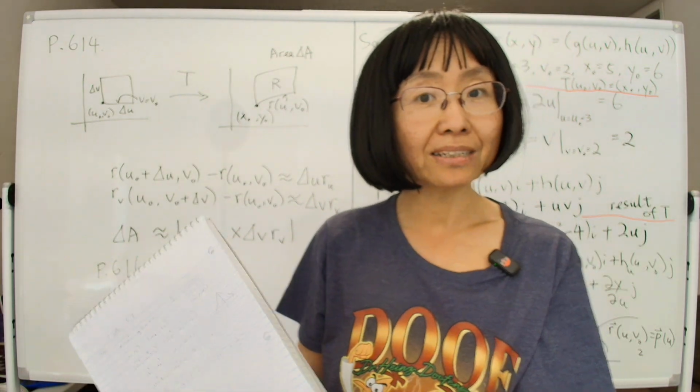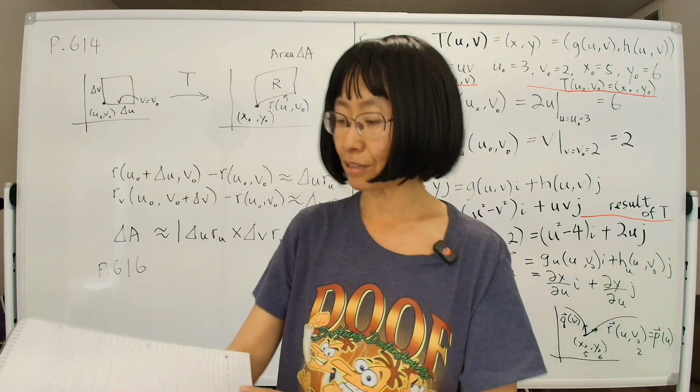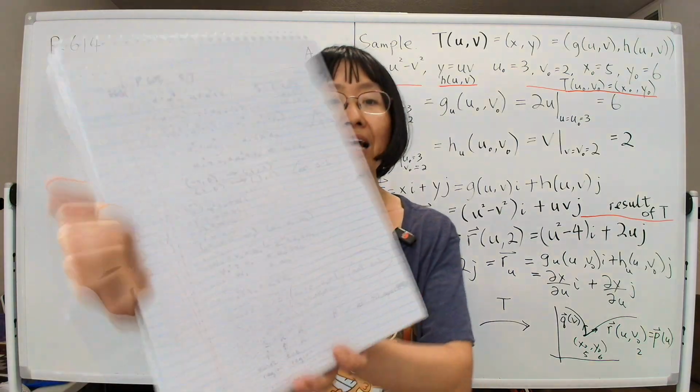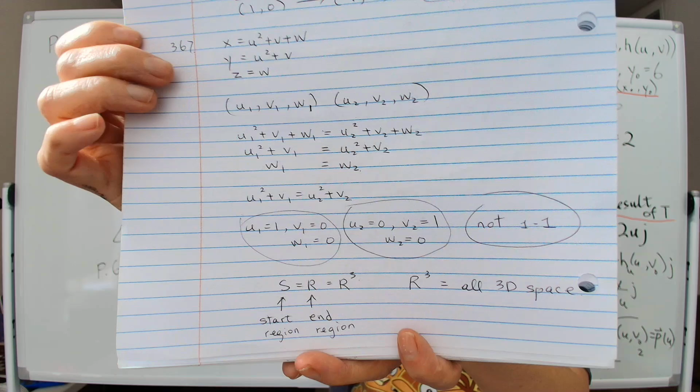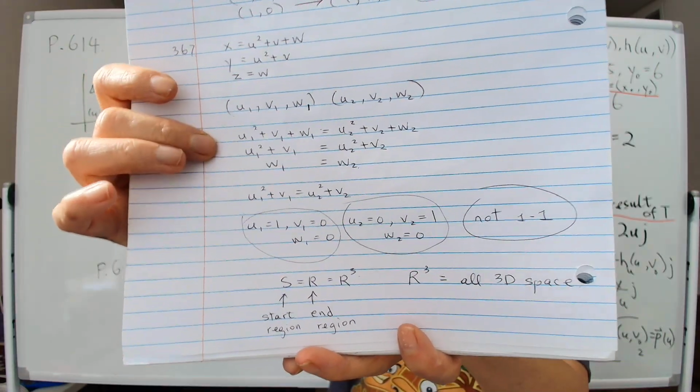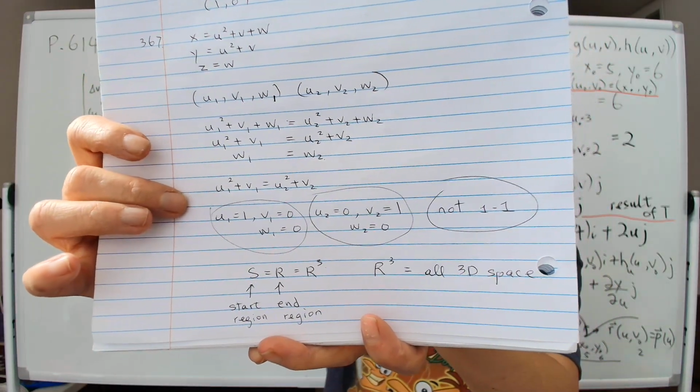And if two points land in the same spot during the transformation, that transformation is not one-to-one. Next, 367, same deal. We have some function, we'll plug in two points, and they're equal, and then what happens?